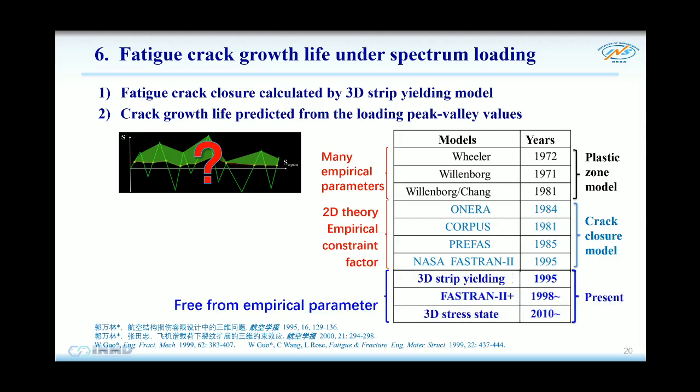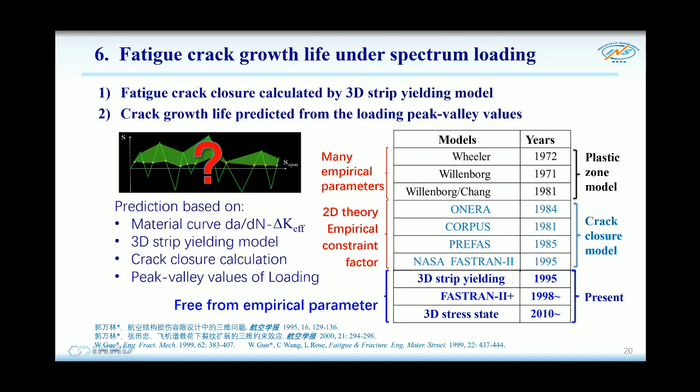And we have extended this work, using the three-dimensional strip yielding model and the concise three-dimensional stress state, free from empirical parameters, to calculate the crack growth under spectrum loading cycle by cycle.